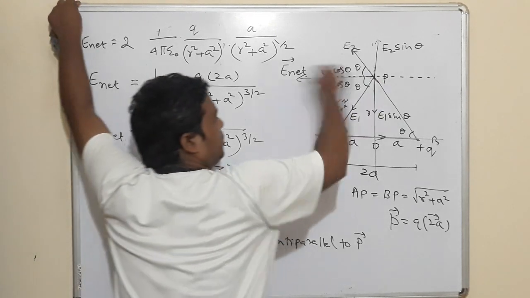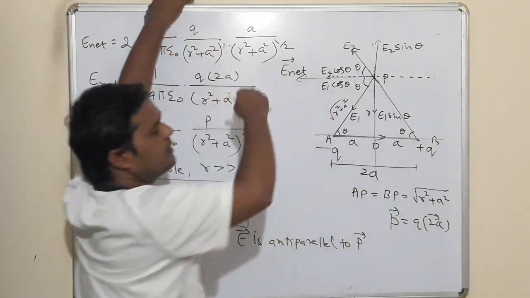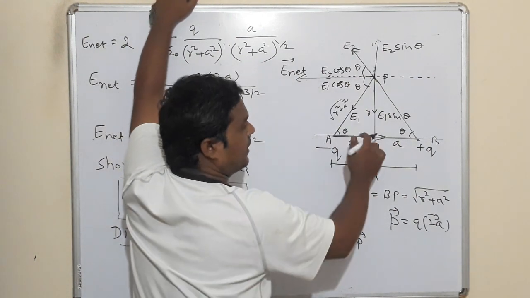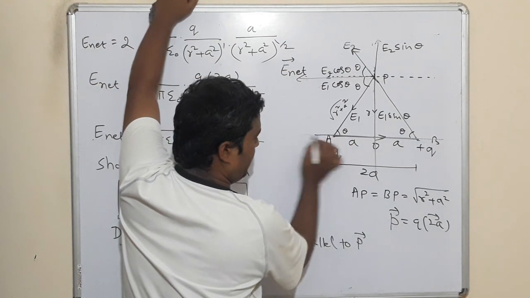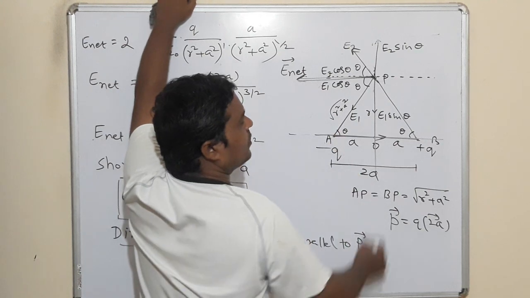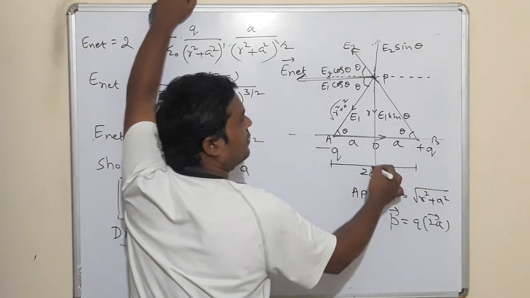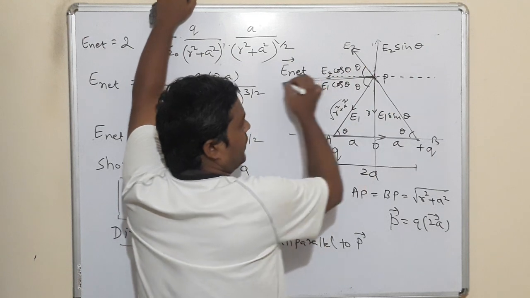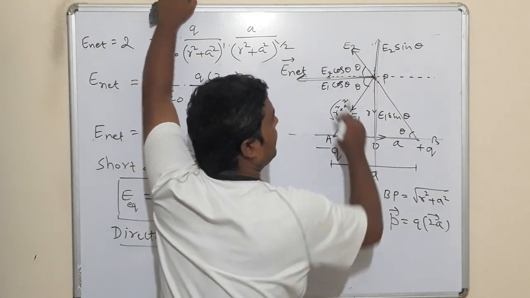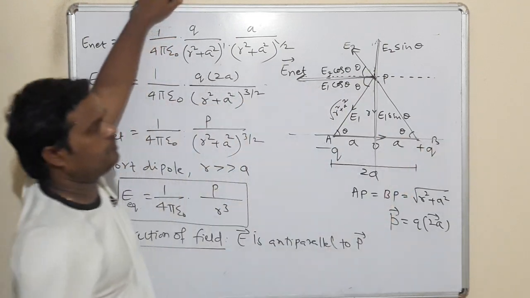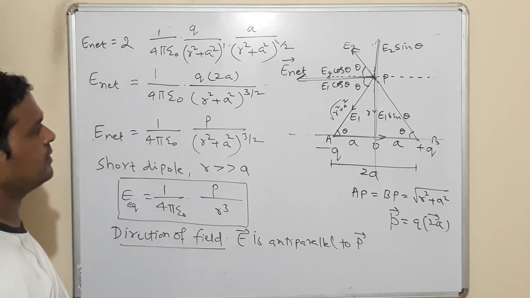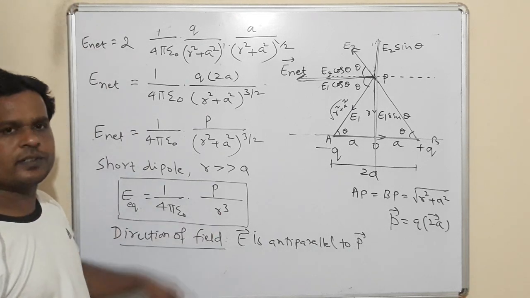E is opposite to P. P is in this direction, E is in this direction. But not along the same line. It is not like this. Opposite to P means at this point it will be like this. Whatever point on the equatorial line you take, the field will be perpendicular to the equatorial line and anti-parallel to P. This is the direction of the field. Again you see, the electric field is inversely proportional to r cube.